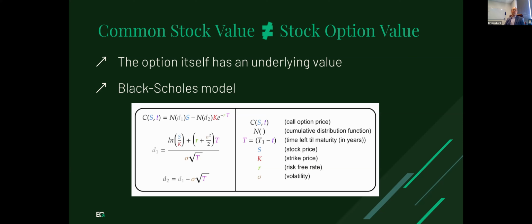And the more volatile the market, the more likely that the stock price is going to jump, because volatility doesn't say it's going to go up or down. It says it could go up or down by a great amount. So the option to buy has more underlying value the higher the volatility.